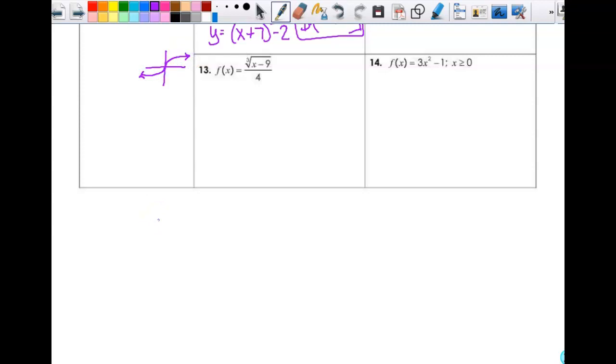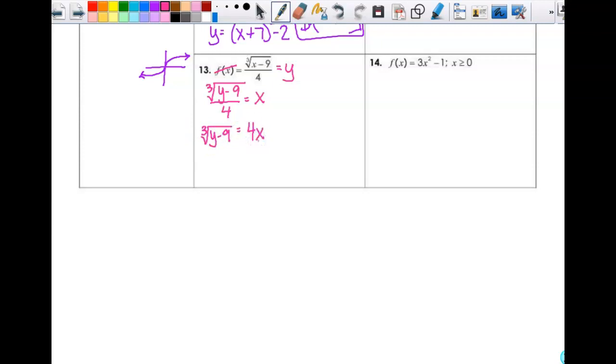All right, so I'm going to exchange x and y. This is y. So this is going to give me the cube root of y minus 9 over 4, and that's equal to x. So I'll multiply both sides by 4, so I get the cube root of y minus 9 equals 4x.